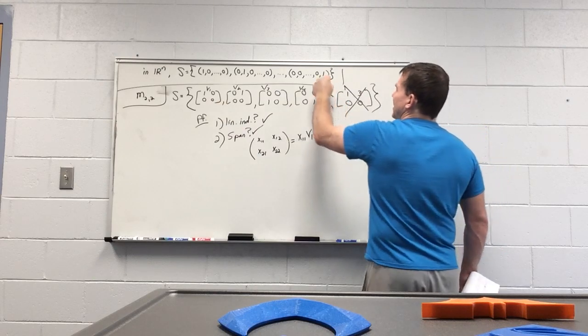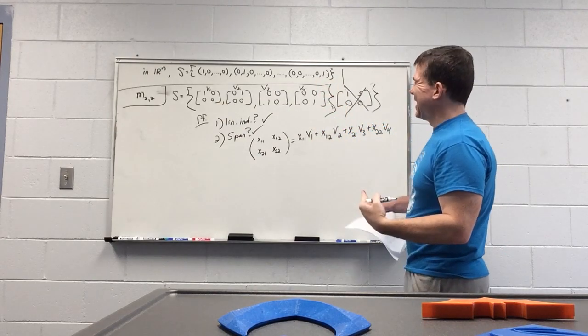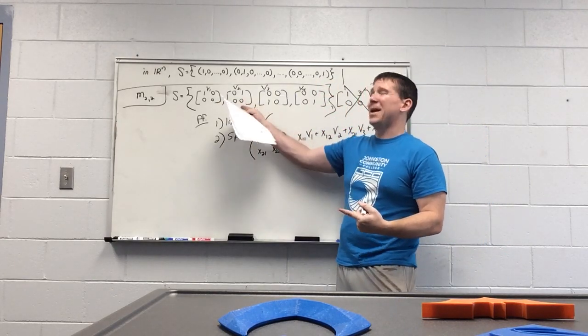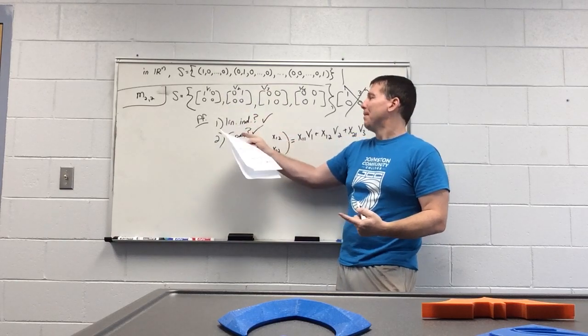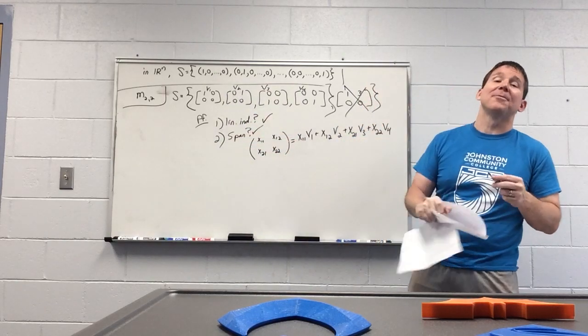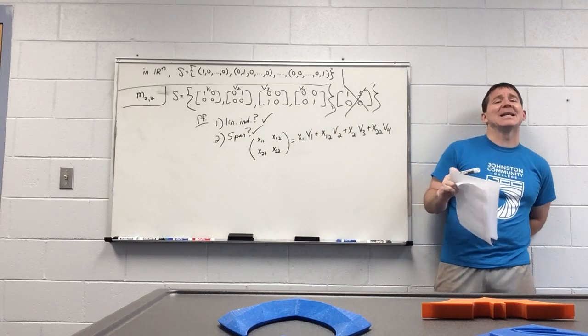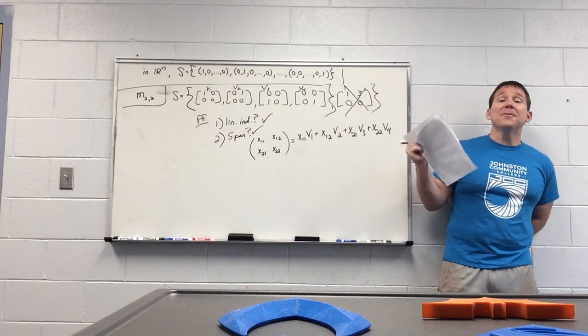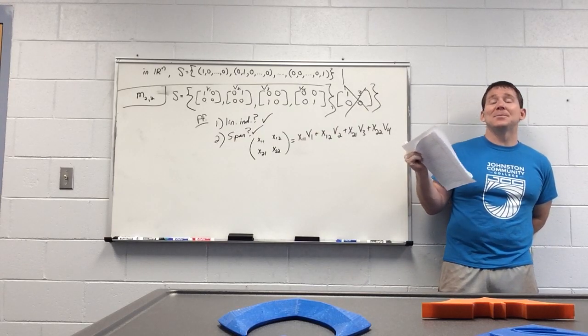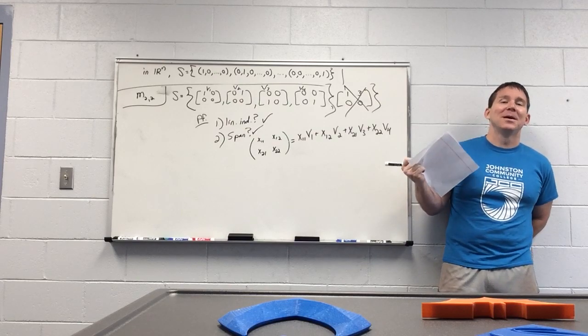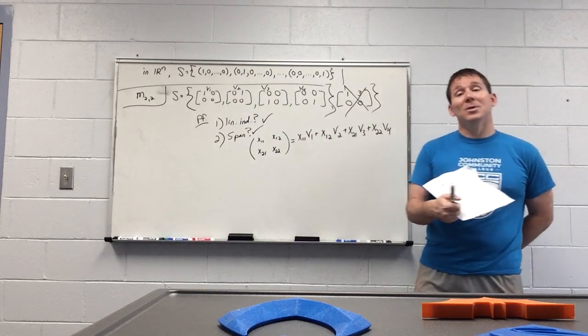So this is the smallest set that is both linearly independent, no multiples of each other, but will still span everything. And again, there are different ways to prove this, which is why I'm doing it different ways on all of them, because ultimately this is what you will do.